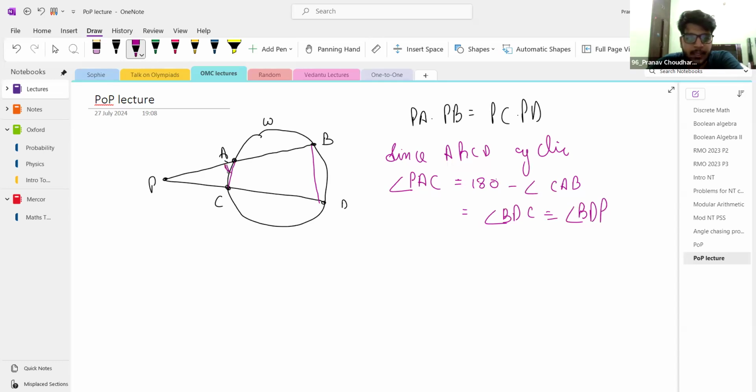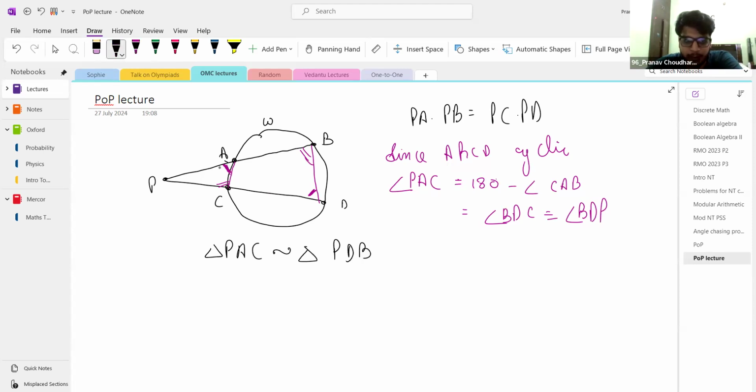So this angle is equal to this angle. Similarly, this angle will be equal to this angle. You can say that by symmetry, or you can just write the angles, both are fine. So this gives you that triangle PAC is similar to triangle PDB.